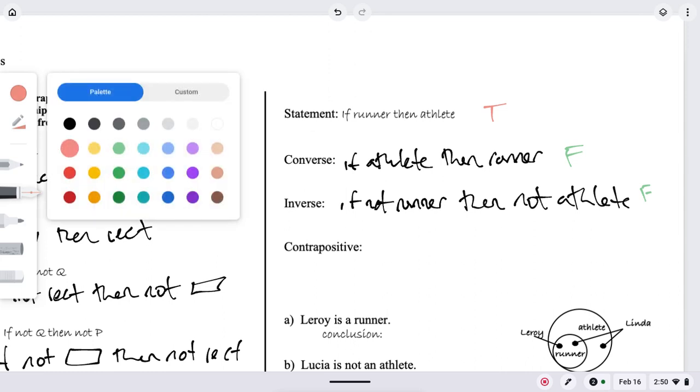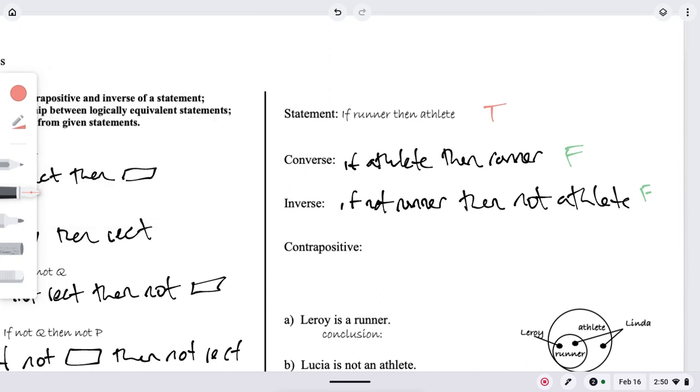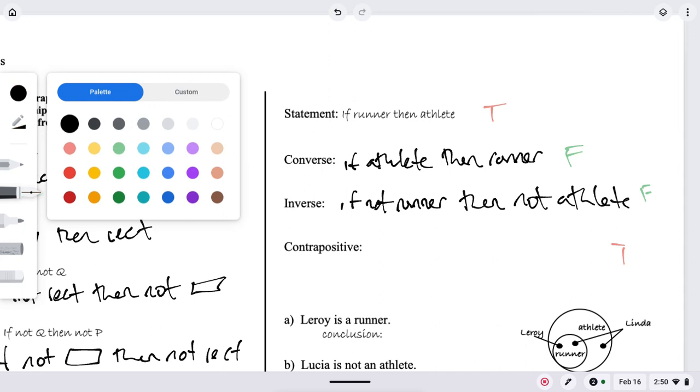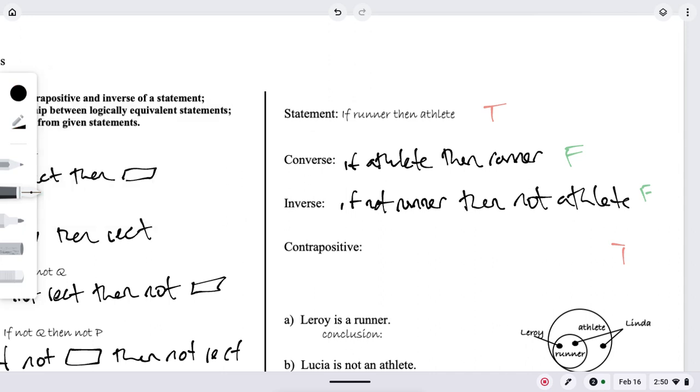Again, you can have a different answer than me, but I know for certain that my contrapositive was going to have to be true because the statement and contrapositive are always logically equivalent. But I need to write that contrapositive: if not an athlete, then definitely not a runner.